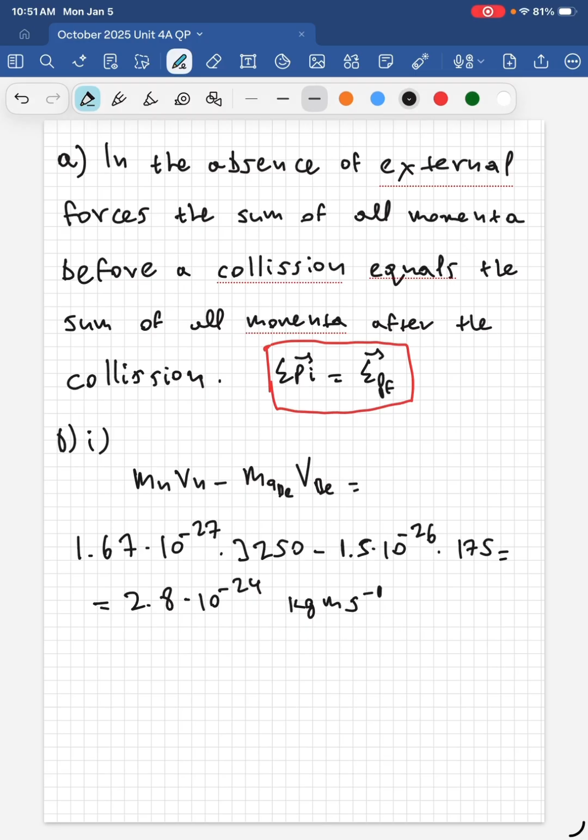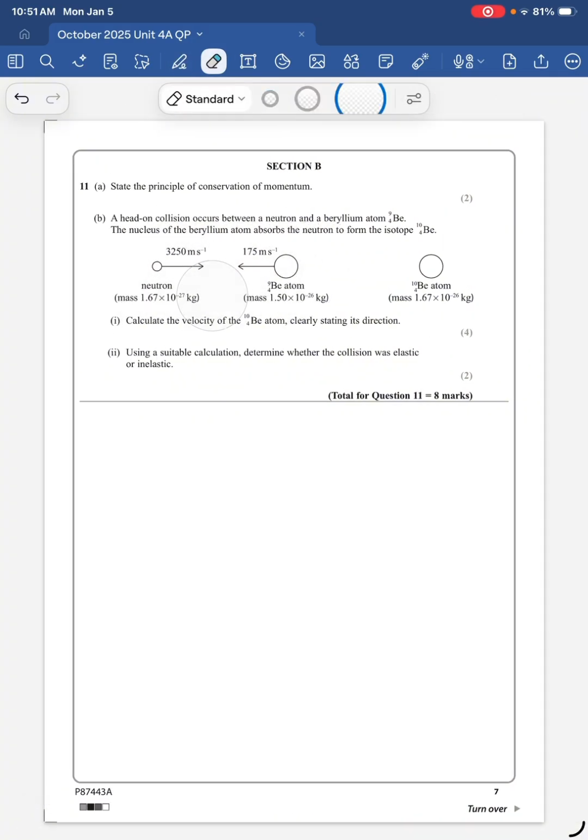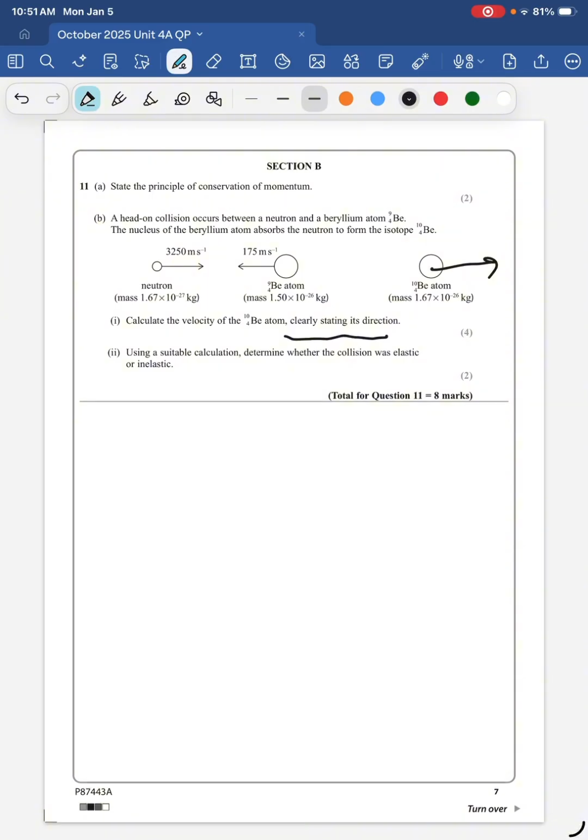So we can come back here. It says clearly stating its direction. So the beryllium-10 atom moves to the right. You can write it there.